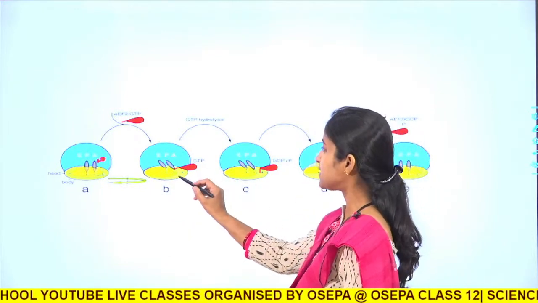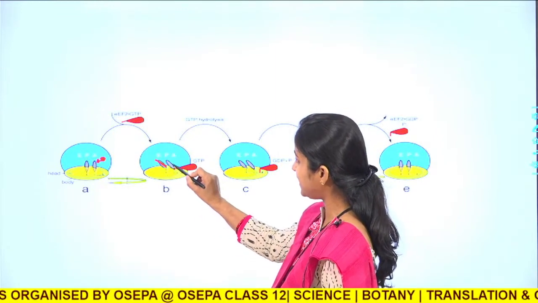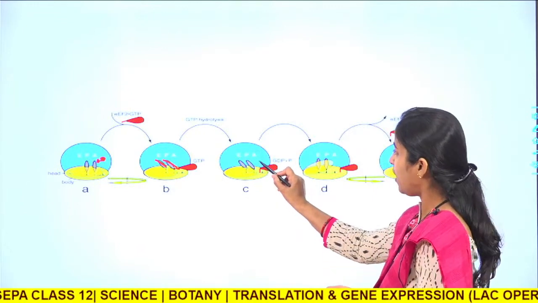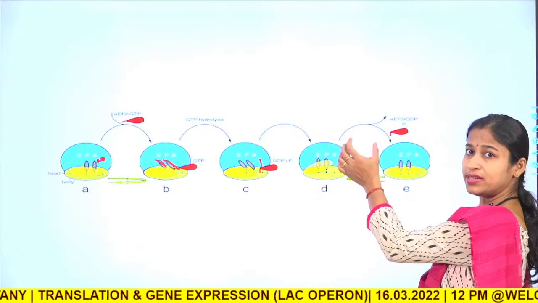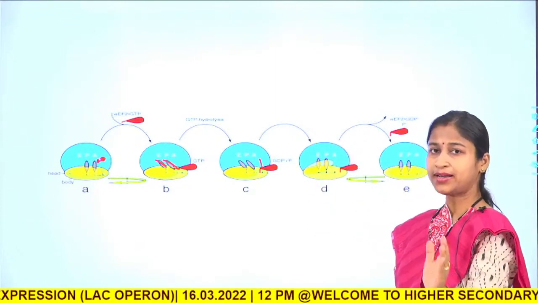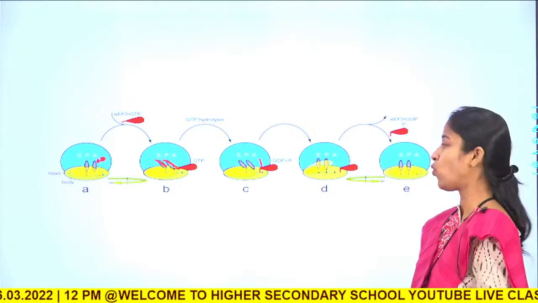Now the P site is converted to the E site, the A site is translocated to the P site, and a fresh A site is created, which is free and is going to attract another amino acid tRNA as per the respective codon.